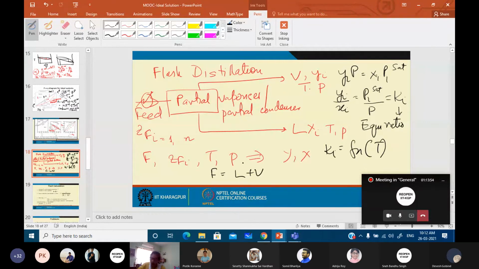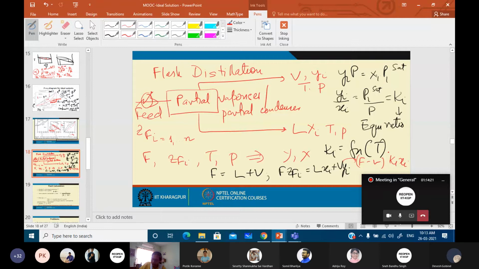Agreed? And for each particular component i, F zi will be equal to L xi plus V yi. Yes or no? This V yi can be written down as (F minus L) into Ki Xi. Yes or no?